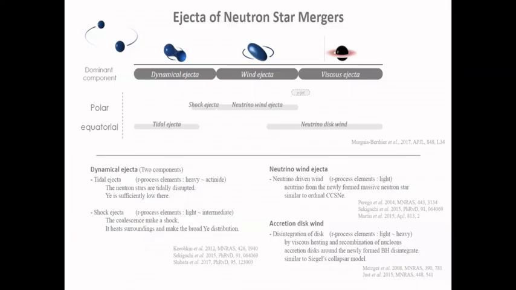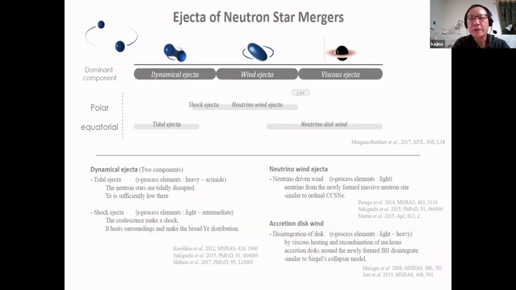It is a multi-zone model calculated by Kyutoku, for example, in neutron star mergers. But I understand your point, that we have just adopted a dynamical ejecta part. But wind ejecta or some viscous ejecta are needed to make the lighter part of the r-process, depending on neutrino heating or viscous heating as well.